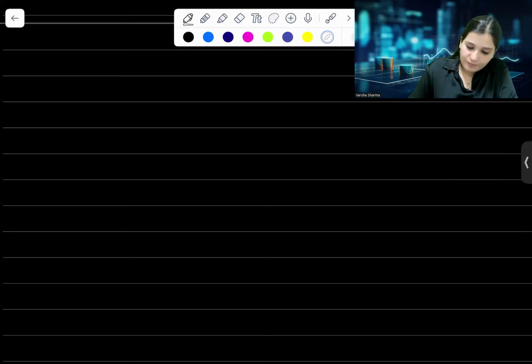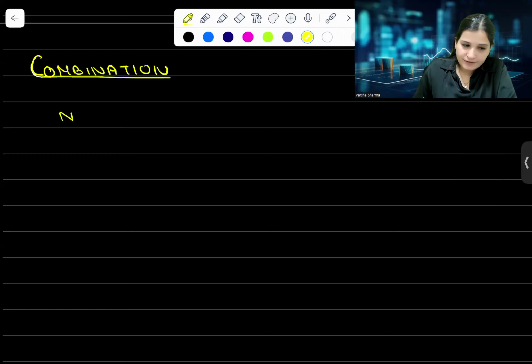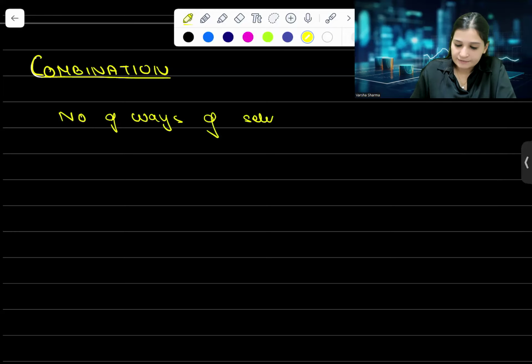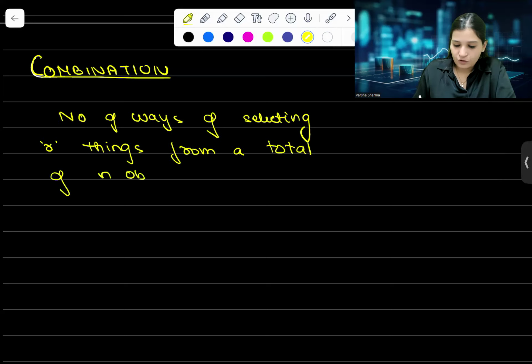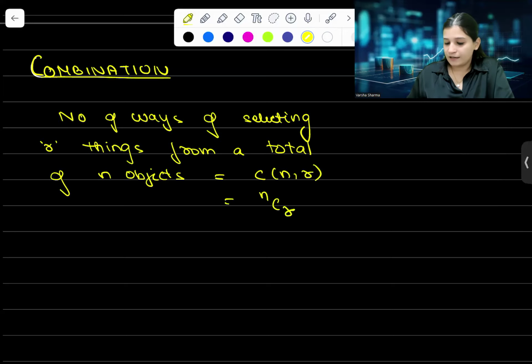So the topic that we are starting is combination. Number of ways of selecting r things from a total of n objects equals C(n, r), or nCr.